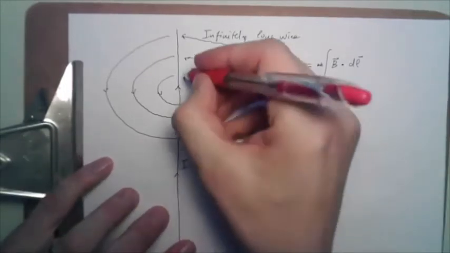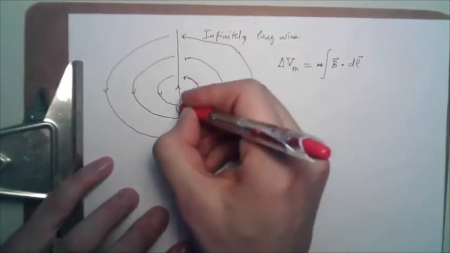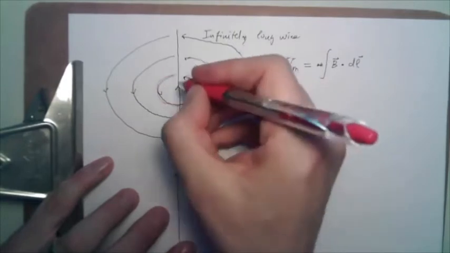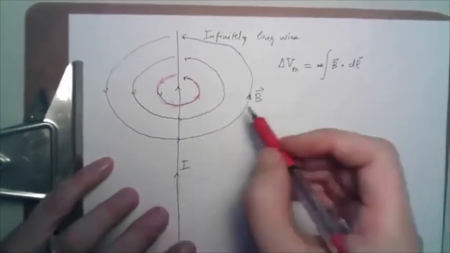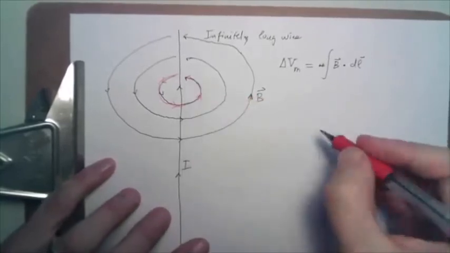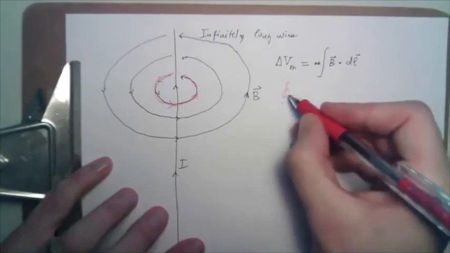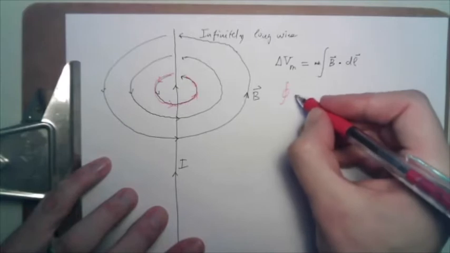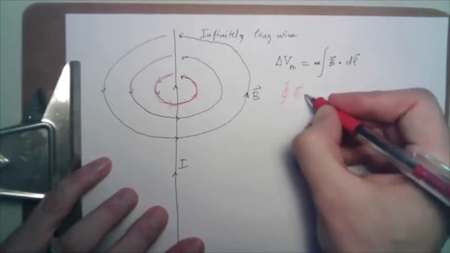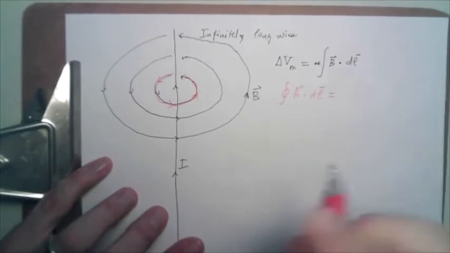So let's do the first one. We'll go over the red contour, and we'll do this over a closed path. Now we'll calculate the integral, and this is a closed integral, so that's why I'm doing this. It's the closed integral over the edge of a circle. So B dl. All right.